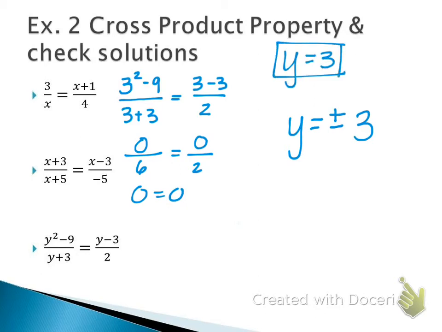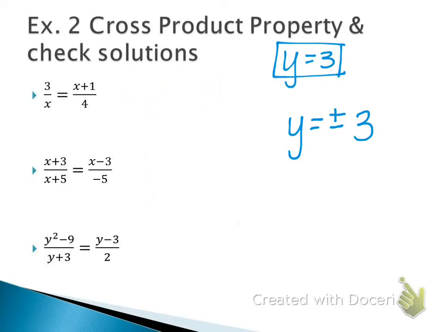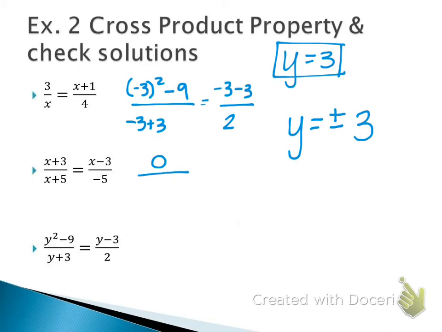All right, so I know that this is one of my answers. Now I've got to check negative 3 and see if that's going to be a solution. All right, so I do the exact same thing. Negative 3 squared minus 9 over negative 3 plus 3 equals negative 3 minus 3 over 2. Negative 3 squared is 9. 9 minus 9 is 0. Over negative 3 plus 3 is 0.